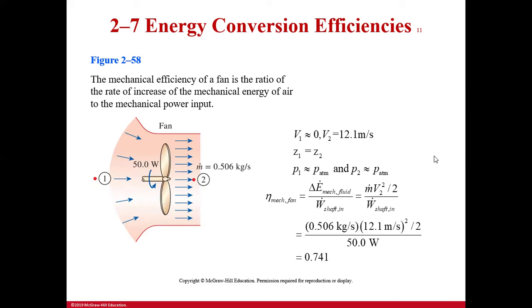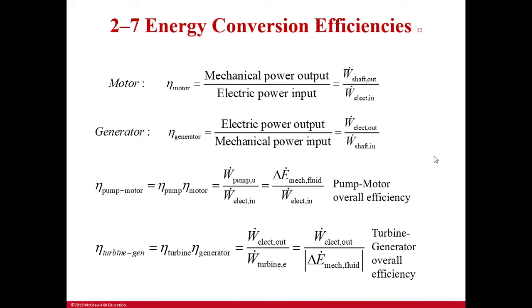And you can see that the mechanical efficiency is less than 1, of course, it's 74%. And these are the different formulas for the different efficiencies for motor, generator, pump-motor combination, and turbine-generator combination.